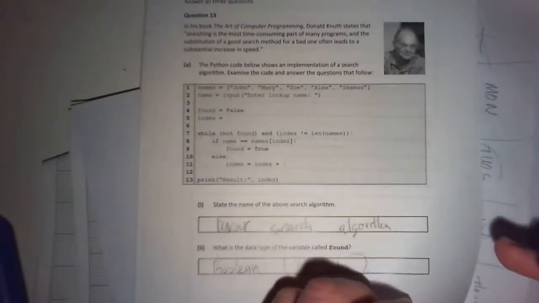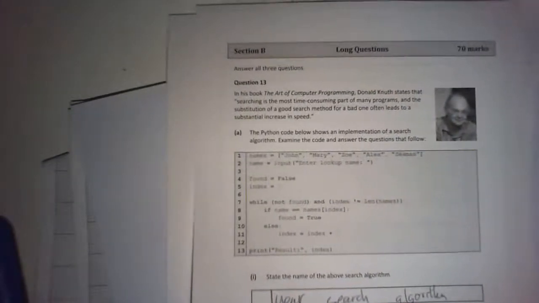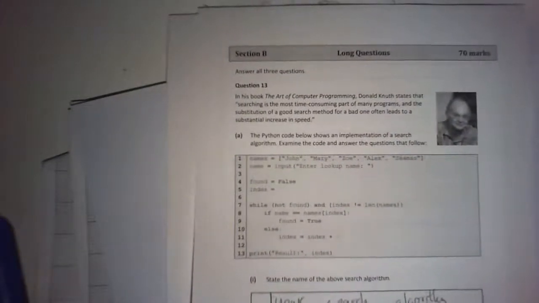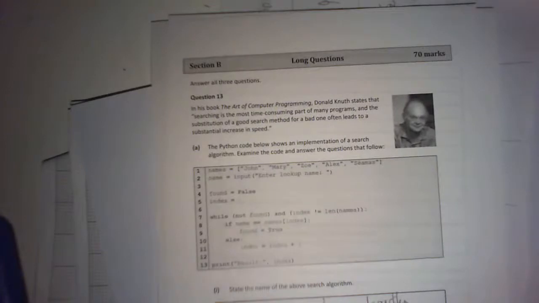Now, we'll have to refer back to this, I'd say, a few times. Step through how the algorithm finds the name Zoe. So where's Zoe? Zoe's the third one in. So you're going to have to simulate what would happen to the computer as it goes through it. Okay, so what's the first thing it does?